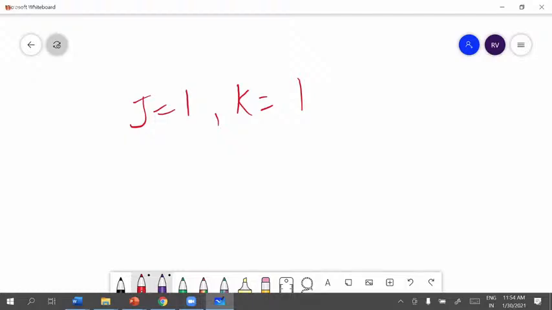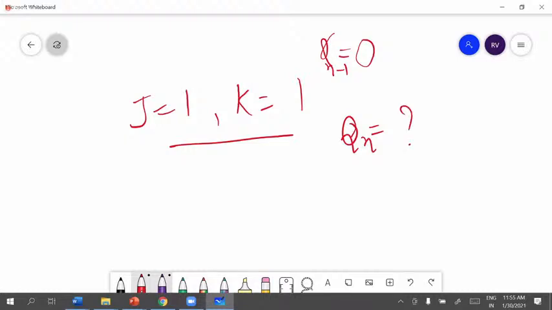The flip-flop might have stored a 0 bit previously. So that is Qn minus 1, condition A. Now in the next condition, J is equal to 1, K is equal to 1, what do you get here? 1. That means toggle condition. Next condition, what do you get, the plus 1 condition? Next state. This is the previous condition. 0. Like this it happens.